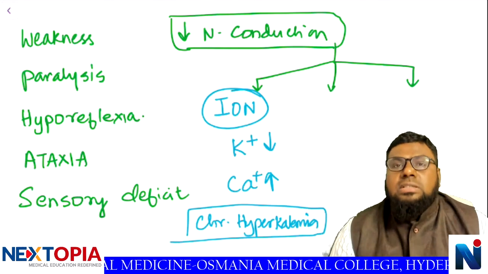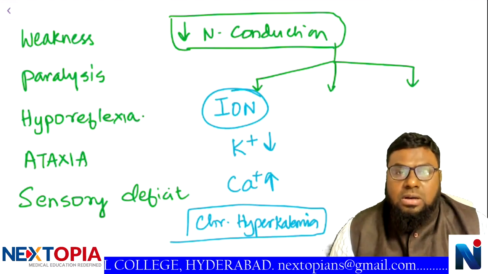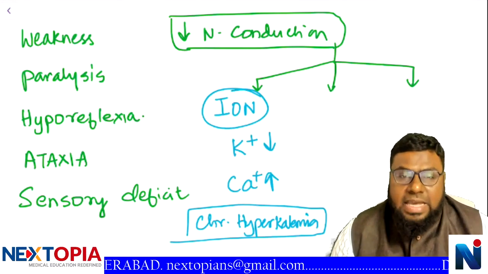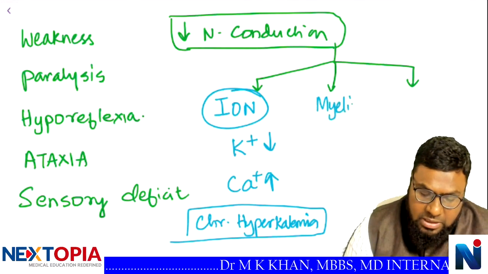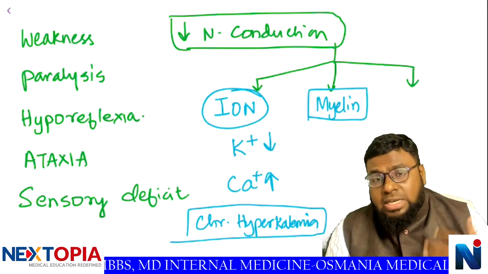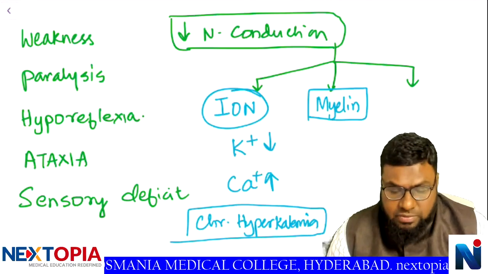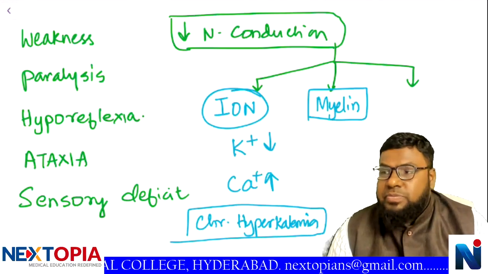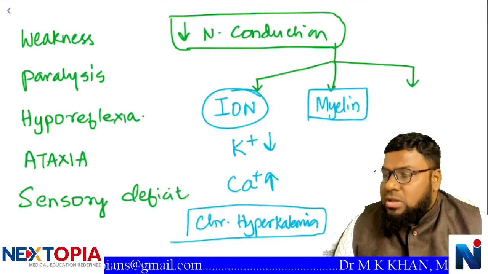So chronic hyperkalemia, or hypokalemia, or hypercalcemia. This is one important point. Loss of myelin, demyelination, can be one type of disease resulting in decreased nerve conduction. I already discussed this point. Demyelination is one important problem with nerve conduction.